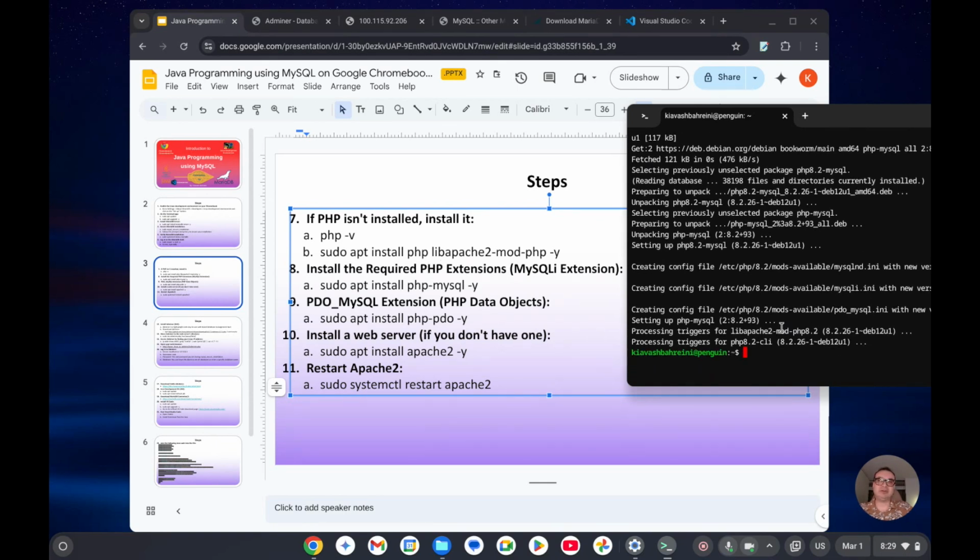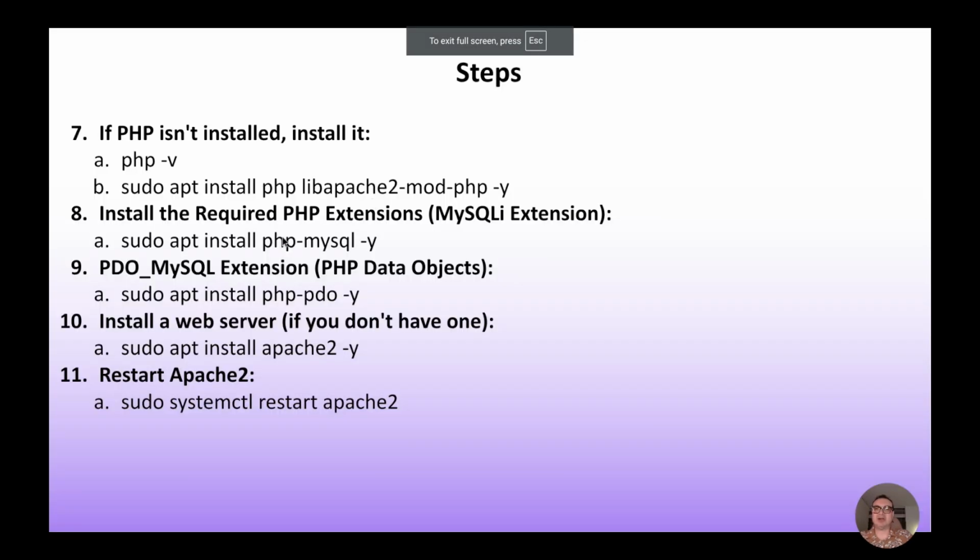language, successfully installed. We can also optionally install the PDO. So let me just go and maximize my presentation. We also have the PDO MySQL extension. This is an optional extension for you. PDO stands for PHP Data Objects.